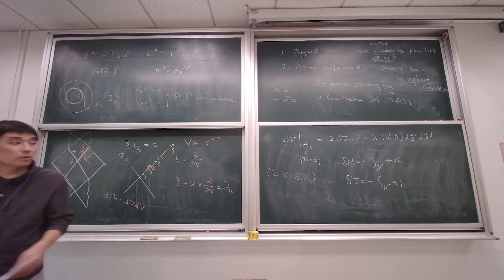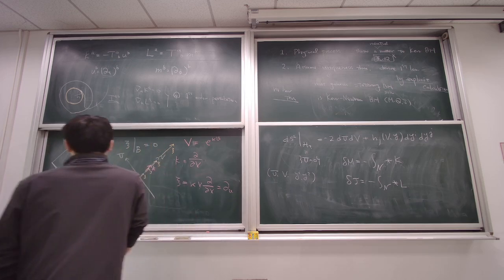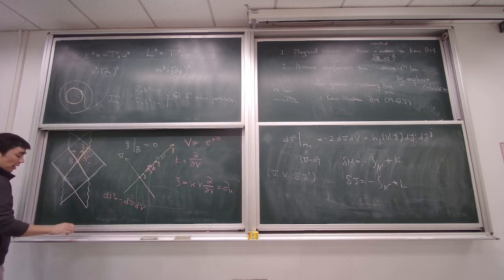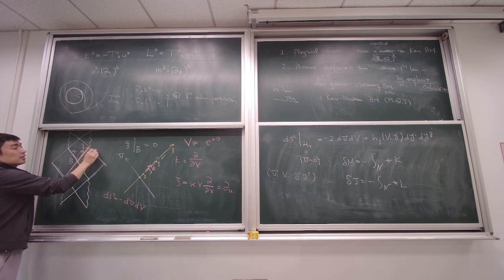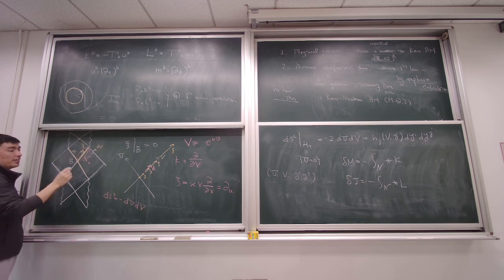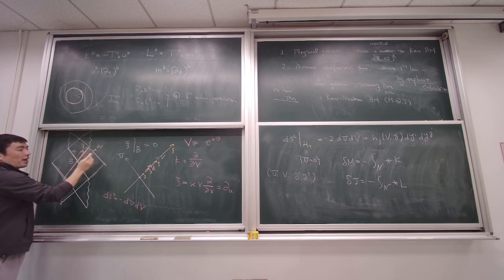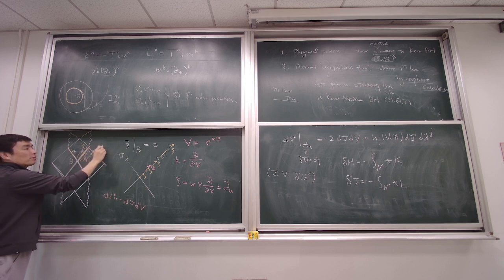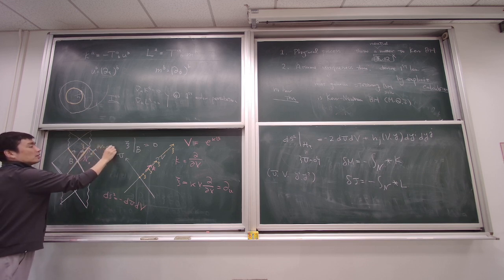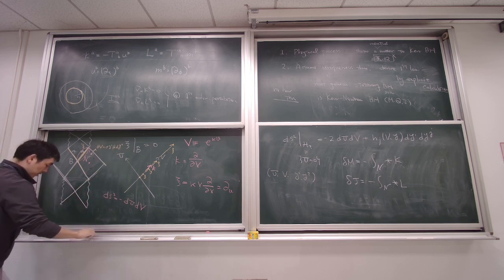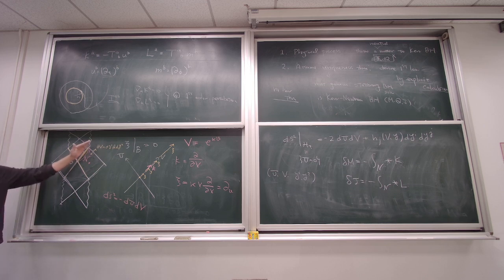But now we just consider around here. What's the volume element? This direction is dV, and around this point we have the two spheres, so the volume element is dy1 dy2. These are the volume element of this horizon.